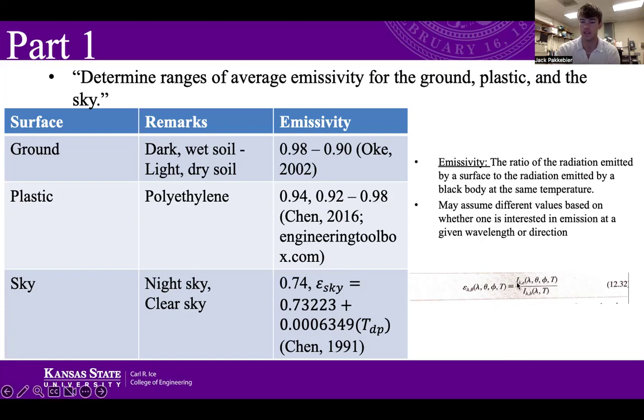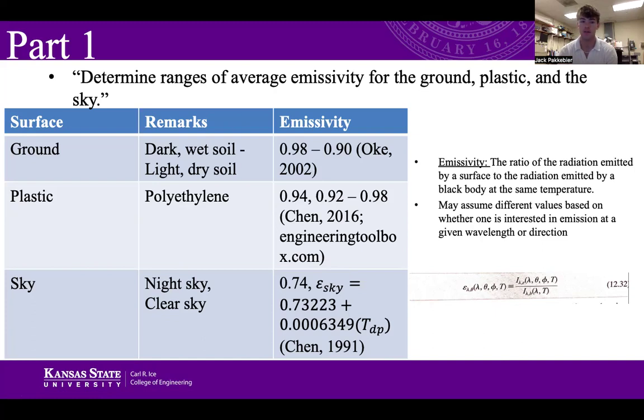You can see that it's the ratio of radiation emitted by a surface to the radiation emitted by a black body, where the black body is a perfect emitter and absorber, and it is not a function of direction.